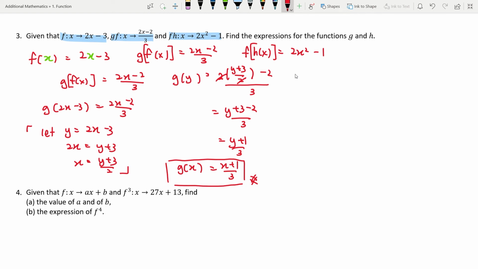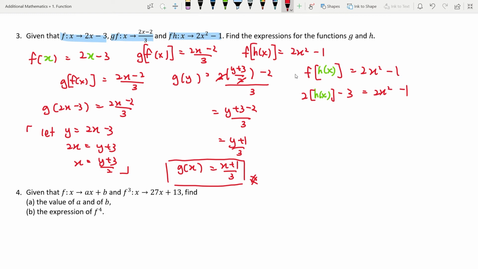For h(x), f(h(x)) is 2x squared minus 1. This part is our h(x). We can just substitute the h into the f because we are given the function f. 2h(x) minus 3 is equal to 2x squared minus 1.